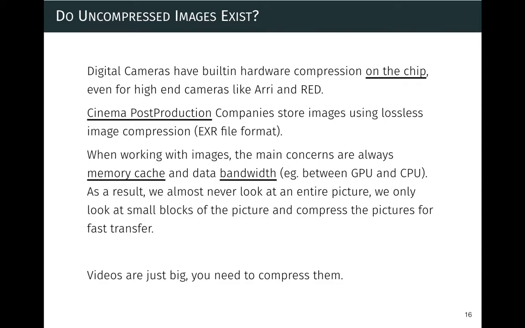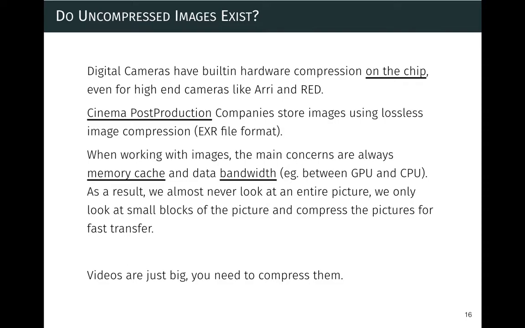When you have a camera, even the most expensive camera, like the Arri Alexa, which costs around 100,000 euro and is used on film production, you never get access to the raw material. Because on the chip, the first thing they do is compress the data, since even within the camera they just cannot deal with that much data going through the pipeline.